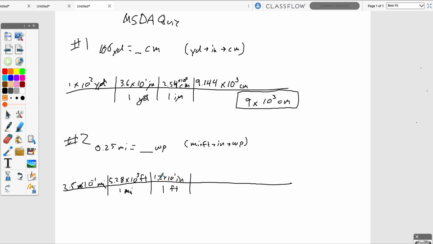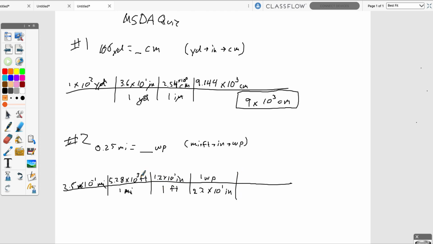So I made 12 smaller, so I had to make it bigger there. And then the thing that was given in the problem is 1 walking pace. And we know 1 walking pace equals 22 inches, but we're writing it as 2.2 times 10. We made this number smaller, so we need to make this number bigger, times 1 inches, okay?